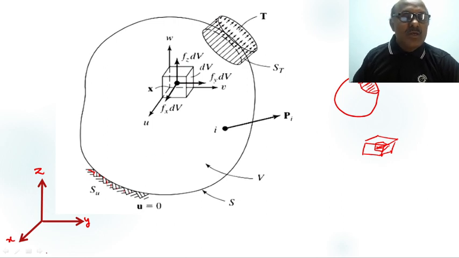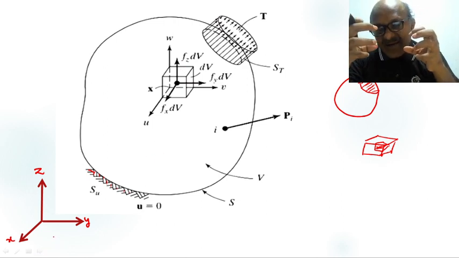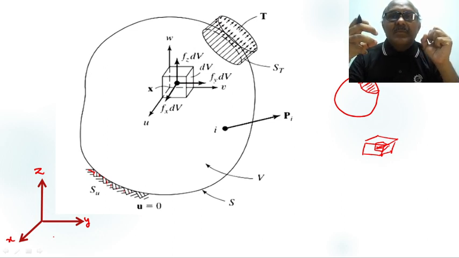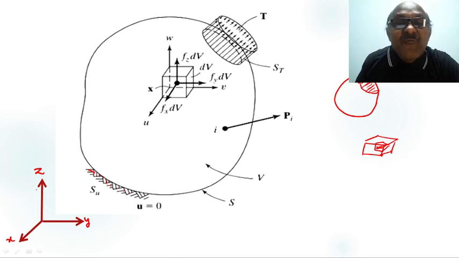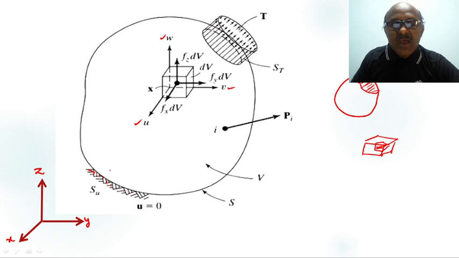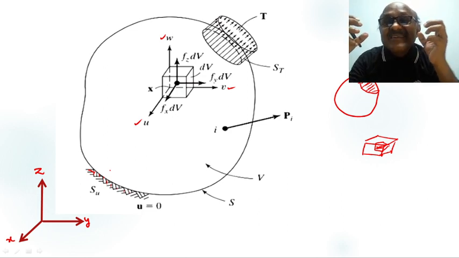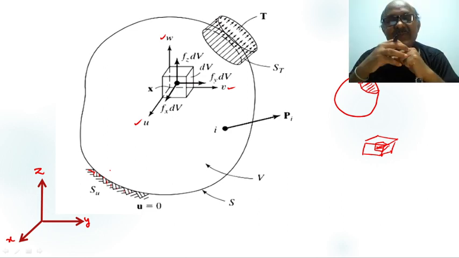Yes or no? Because when traction force is applied, deformation takes place in x direction, that is u, deformation in y direction is v, deformation in z direction is w, my dear students. Because of the force, stresses are induced in this member. Yes or no, my dear friends?